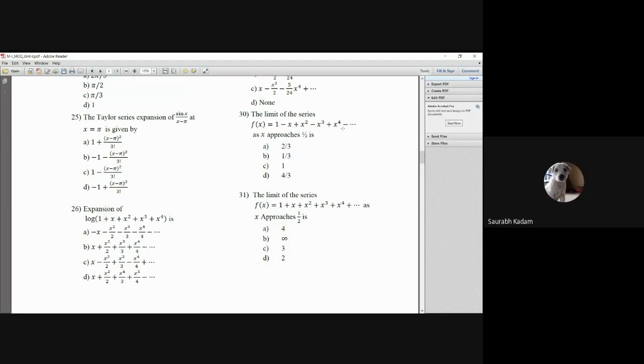It is not log of 1 plus x, but you have to use the expansion of 1 upon 1 plus x, na? Alternate plus minus is for 1 plus x, and all plus is for 1 upon 1 minus x. So that is your expansion. This is 1 upon 1 plus x.